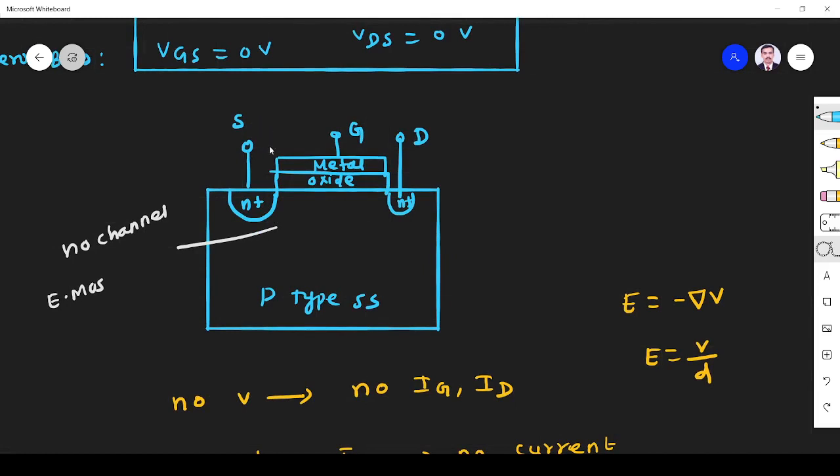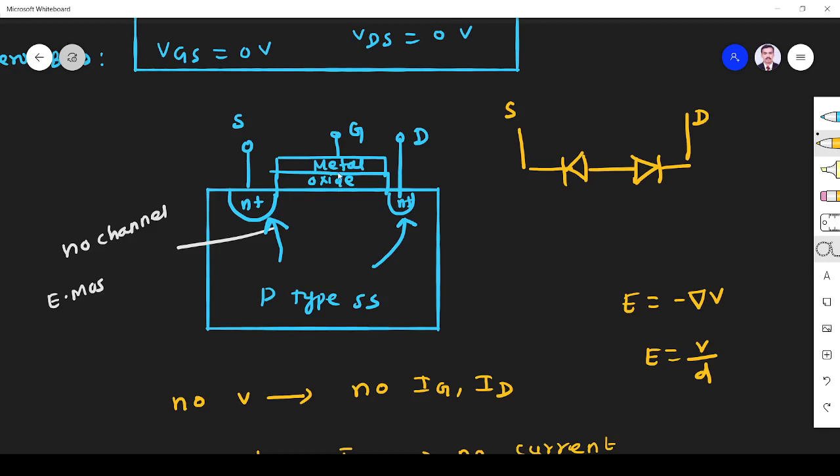Here we have one P-N plus junction on each side, so I can consider this as two back-to-back P-N plus junctions, with the source here and the drain terminal here. So the current is 0, we know that.